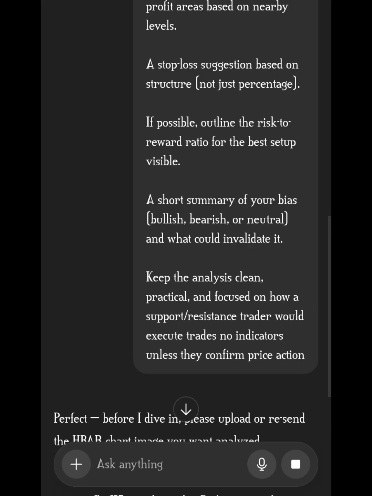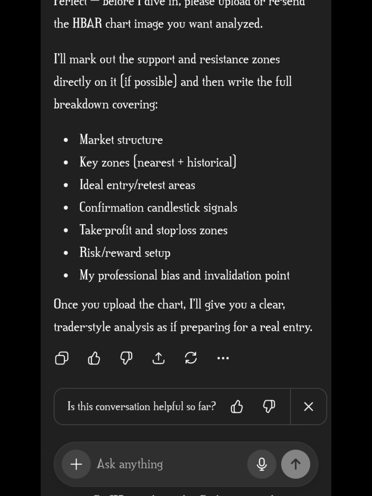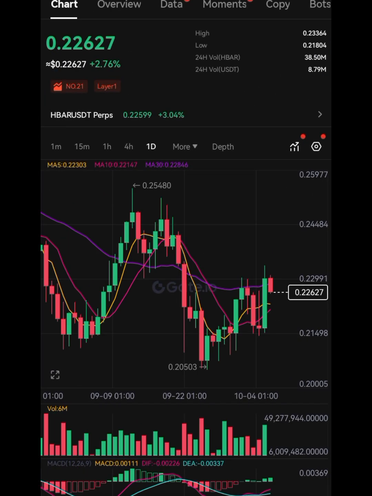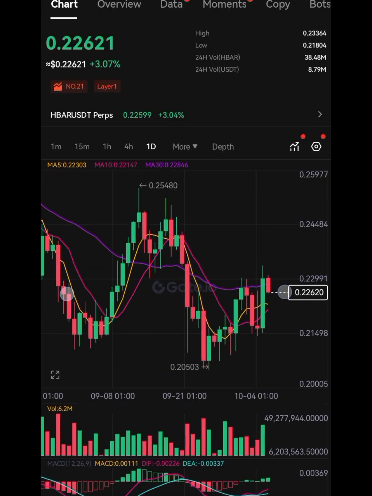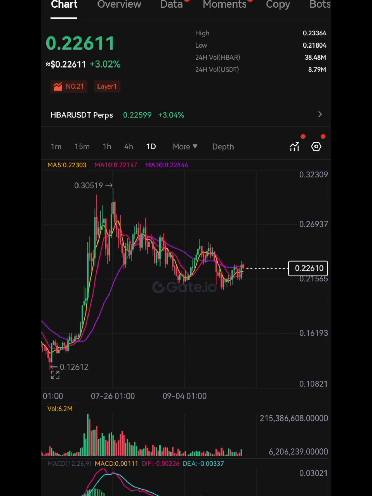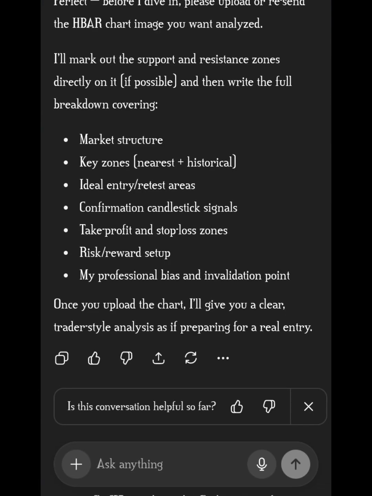Now it will ask you to upload an image so it will see the chart and know what's happening, right? So we go over here and screenshot. We will be screenshotting on the daily time frame, right? So we're screenshotting it on the daily time frame. Yeah, let's just upload it.